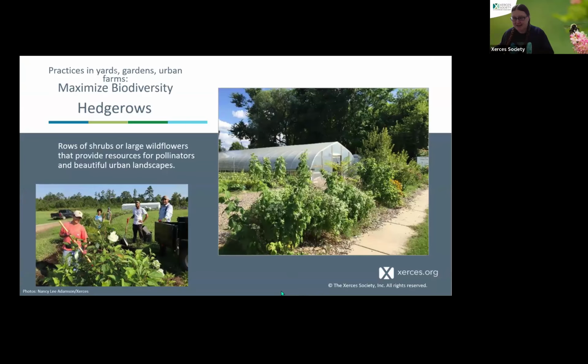One example of that is hedgerows, rows of shrubs or large wildflowers that provide resources for pollinators in urban landscapes. These could be on rural landscapes as well. But having these areas of permanent diverse vegetation, different types of plant material.